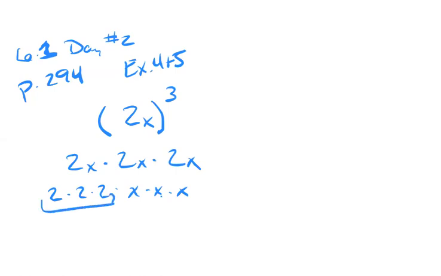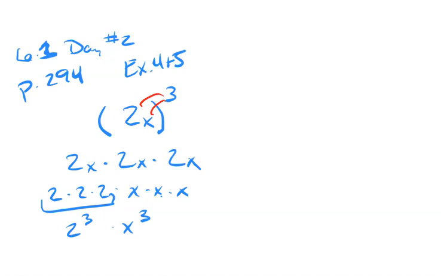I've got 3 2's and 3 x's, so this ends up being 2 to the 3rd, x to the 3rd. So our shortcut is to take that exponent and distribute it to the 2 parts of the parentheses.